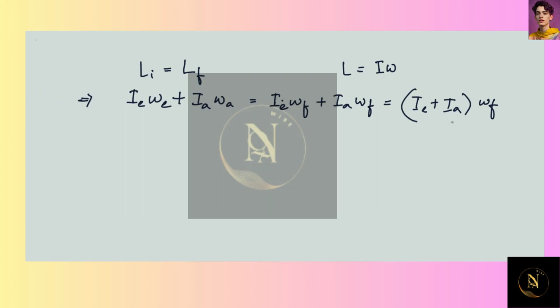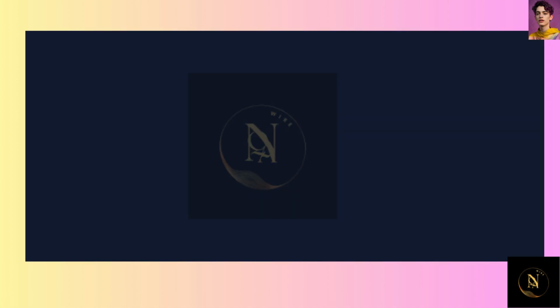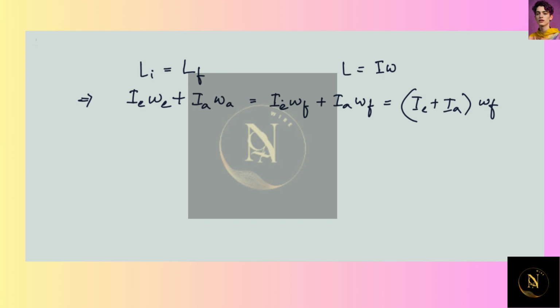This expression comes from the assumption that the asteroid becomes embedded in the Earth at the surface. Therefore, both the Earth and the asteroid will have the same angular velocity after collision. Also, we model the Earth as a uniform sphere and the asteroid as a point mass.